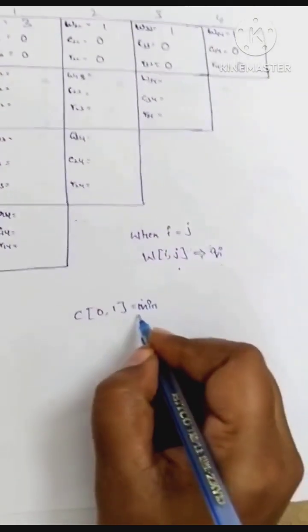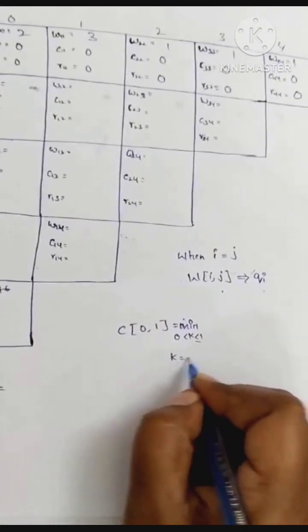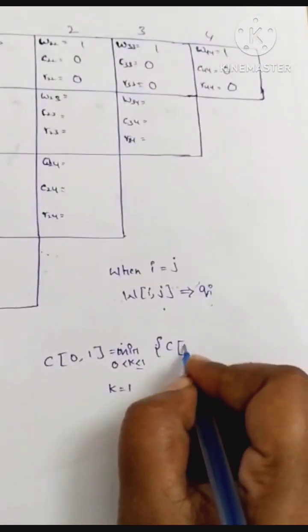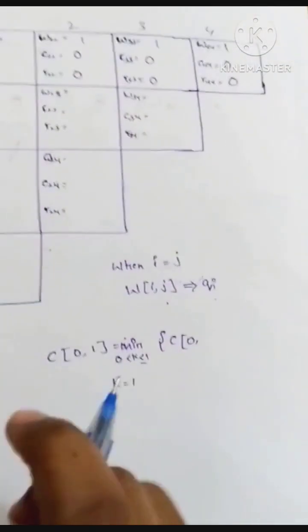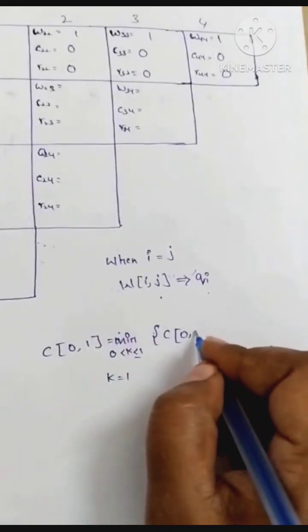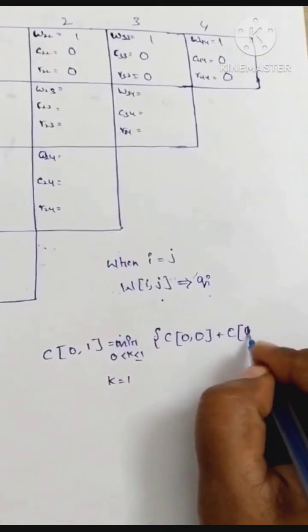Minimum of I value is 0 and k less than or equal to 1. Here the k value is 1. C of I, 0 comma k value 1, 1 minus 1, 0 plus cost of 1 comma j value 1.